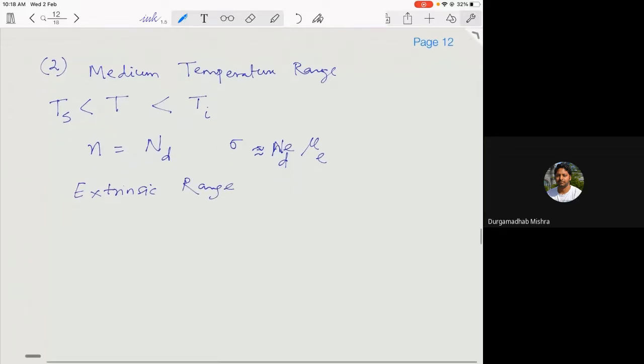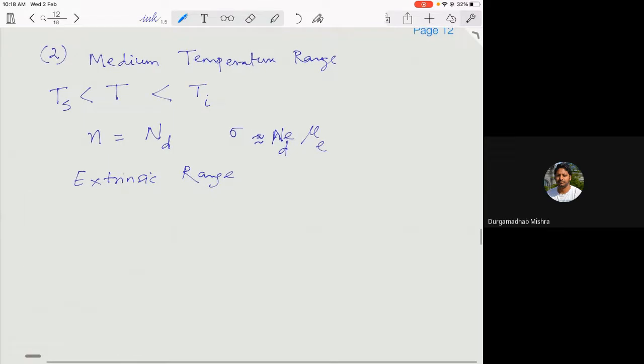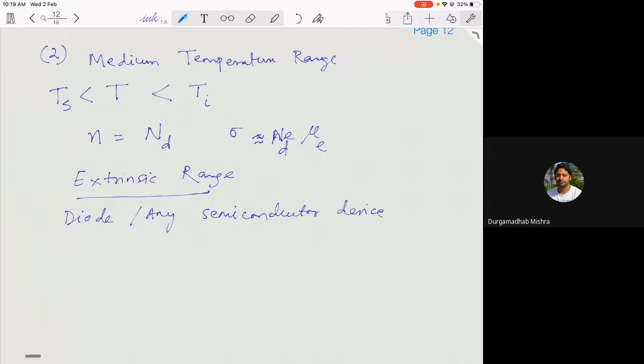This is the most important range for any semiconductor for device application. When you want to know the temperature range of the device, it has to operate in this extrinsic range. If I talk about a diode or any semiconductor device, it will operate in this range.